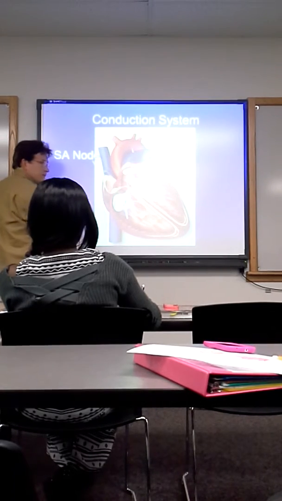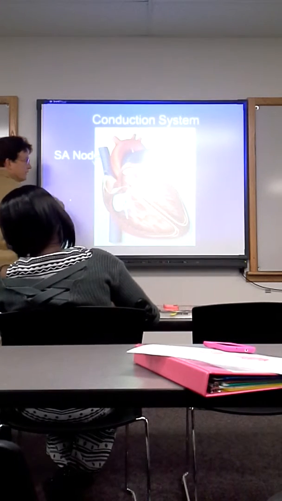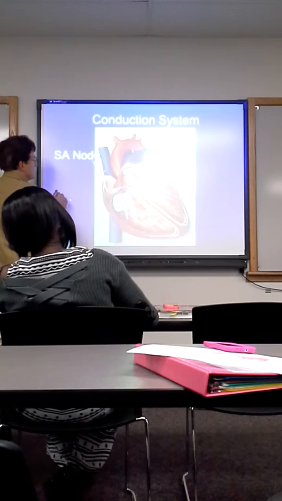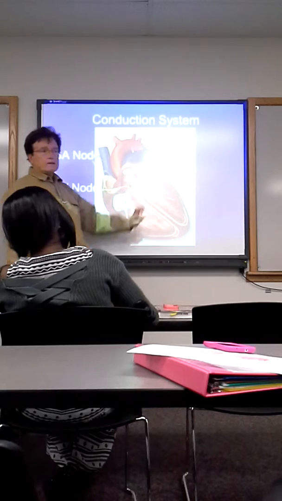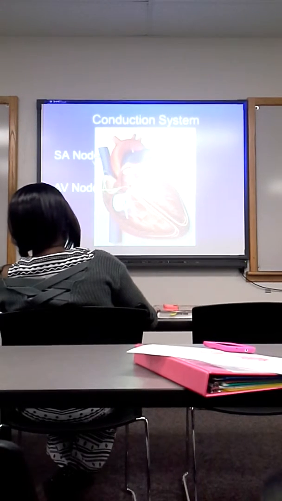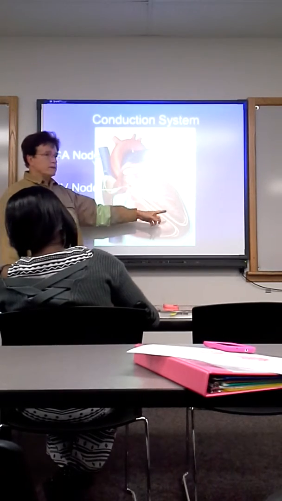So, this bundle of cells here in the posterior wall of the right atrium is the pacemaker of the heart. It generates action potentials about every second. An action potential flows out of the SA node, sweeping over the atria, causing the atria to contract. As the action potential sweeps over the atria, it heads to the ventricles.